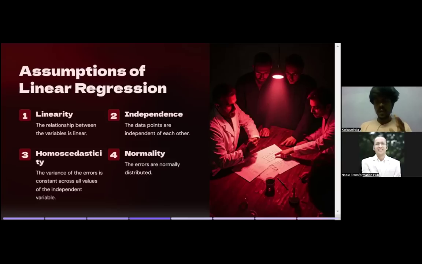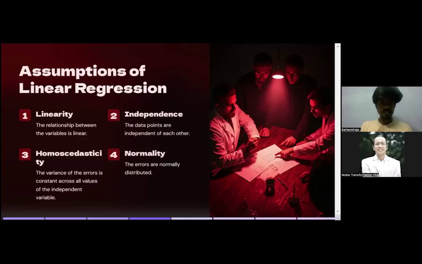If you are getting an error of 0.20, then the 0.20 error will continue for all the data points. If you have 10 data points, the error will be 0.20 for all 10 data points. That is homoscedasticity. Next, normality: the errors are normally distributed.